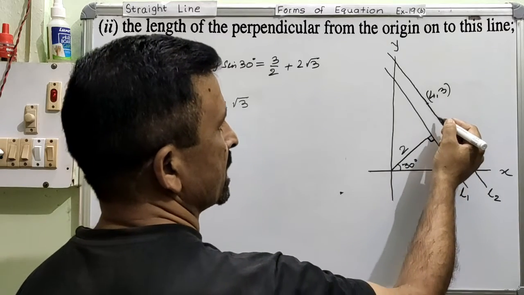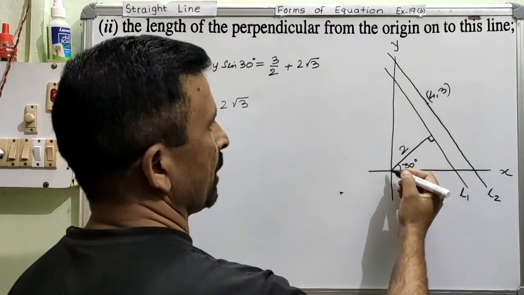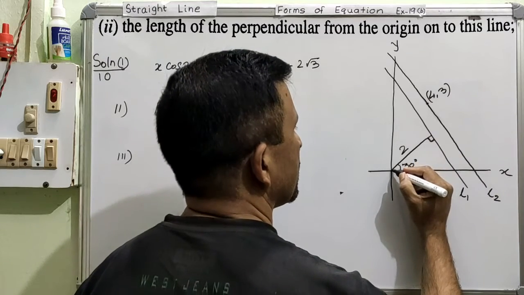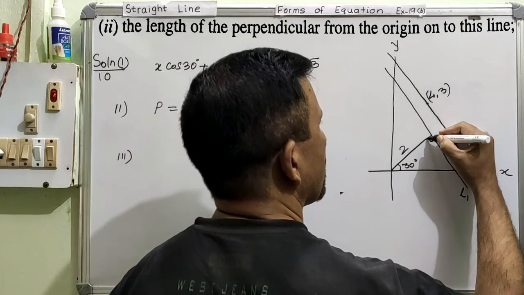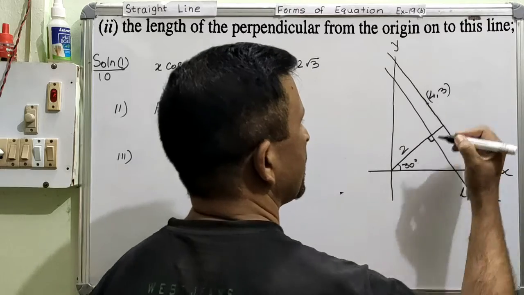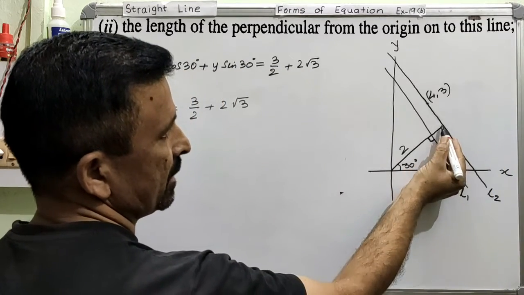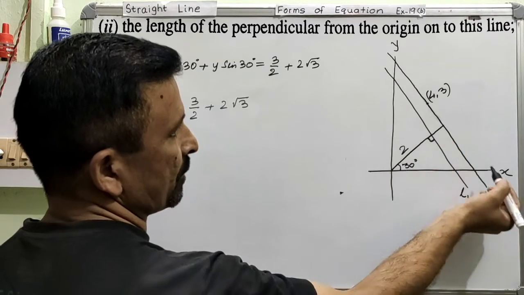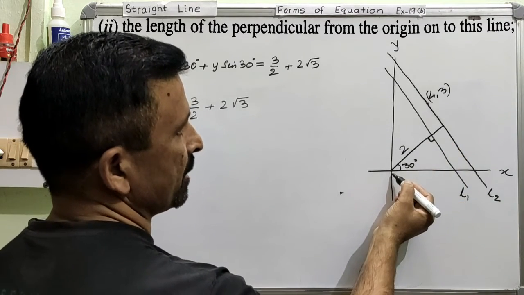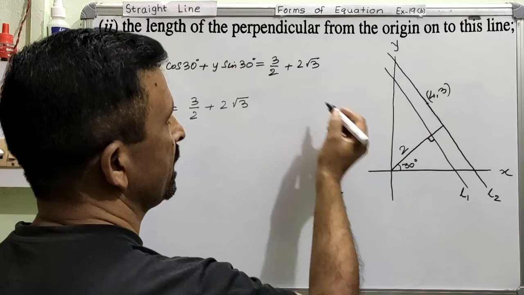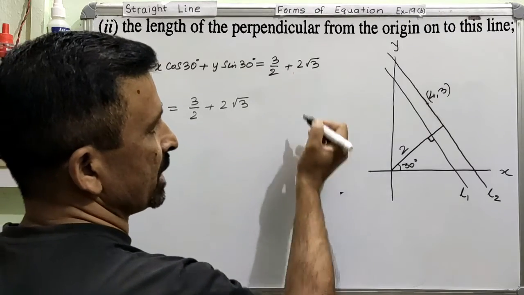Clear? And the distance of this line from the origin, you can extend it. Is this okay? So can you see this total length? This is the perpendicular distance of this line L2 from the origin, and this is calculated to be 3 over 2 plus 2 root 3.